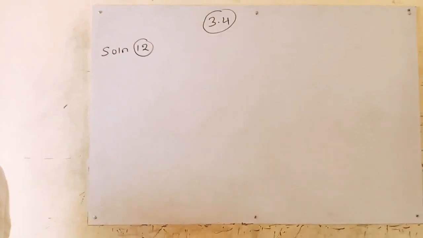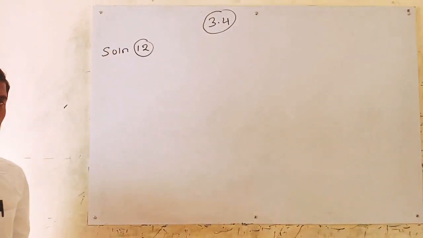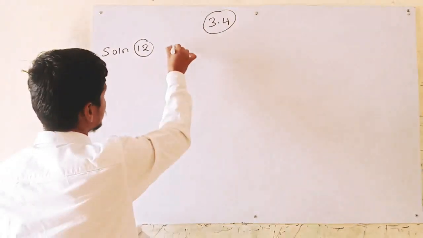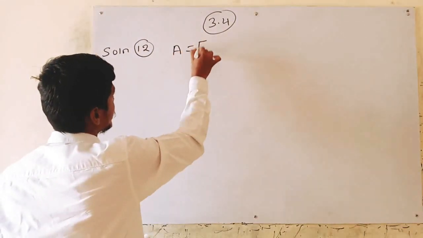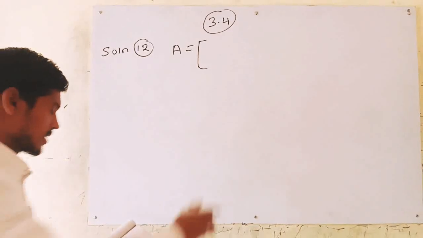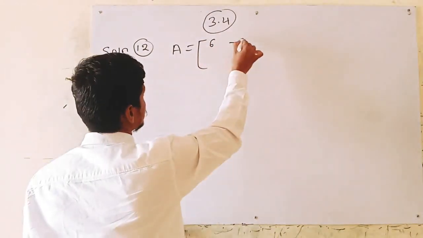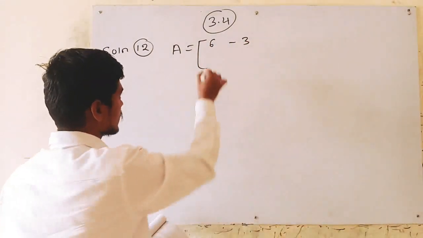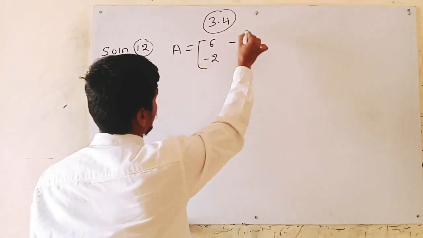So, in this exercise, we have to find the inverse. Let us take the given matrix as A equal to [6 -3; -2 1].